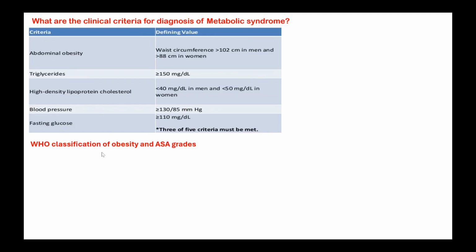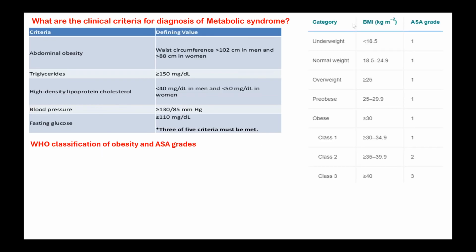And WHO classification of obesity and the ASA grades are: patients underweight less than 18.5, normal weight 18.5 to 24.9, when they belong to ASA grade 1. Overweight is more than 25, again they belong to ASA grade 1. Pre-obese is between 25 to 29.9. Again they belong to ASA grade 1.